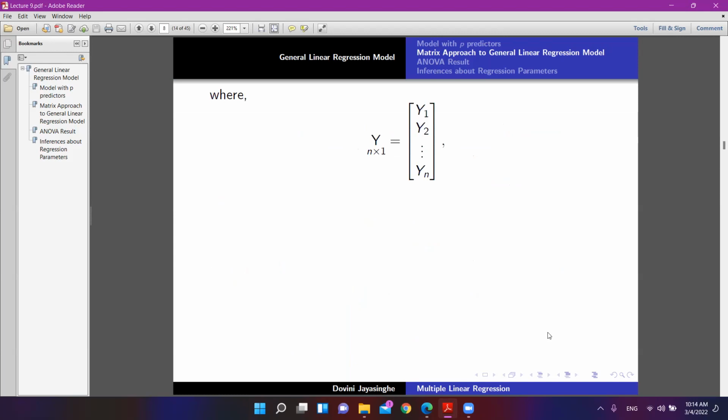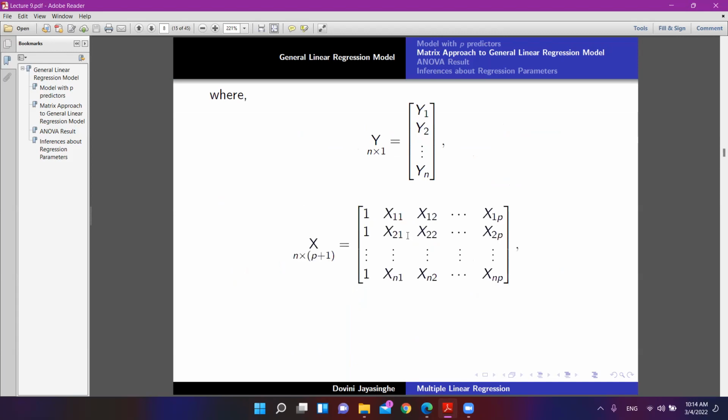Right. So here y is a vector of responses. It's the same thing that we discussed last week. This is the data matrix or the design matrix. So we have a column of ones here in order to do further computations, because we have to incorporate beta naught as well, not only beta 1 up to beta p. Earlier we had only two columns, right?